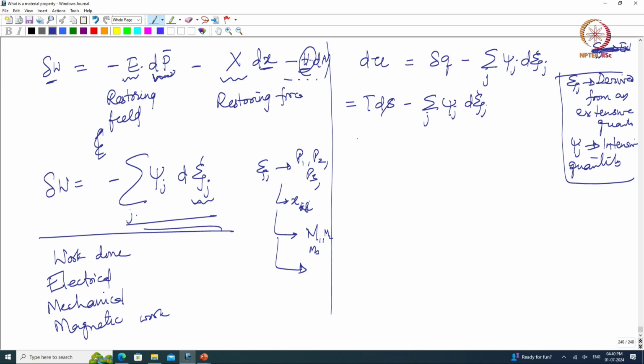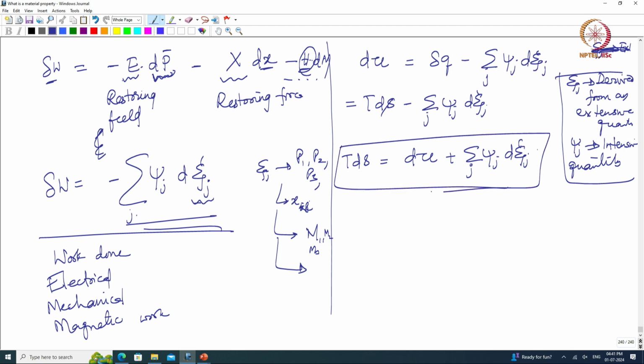Now, so let us just look at, so we want to look at what T s dot is, right. So, T ds in that sense is nothing but du plus sigma j psi j d epsilon or dej. Okay. So, this is the equation that I will start with, right.